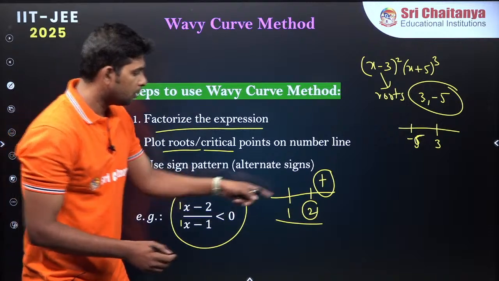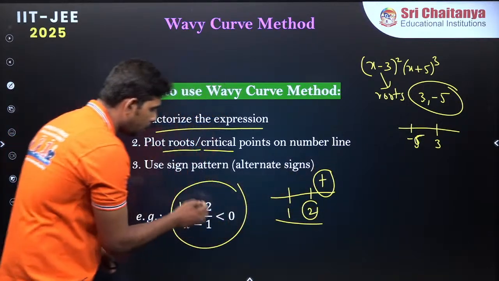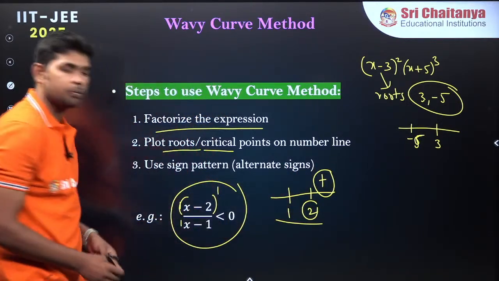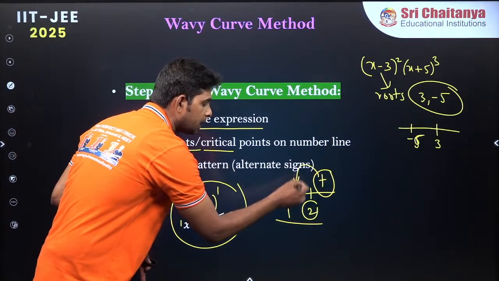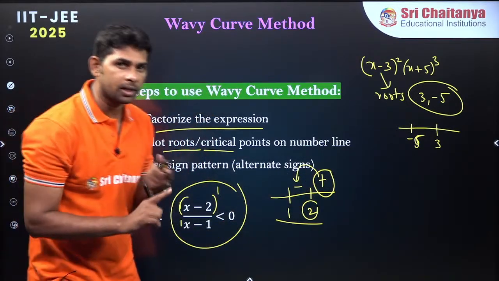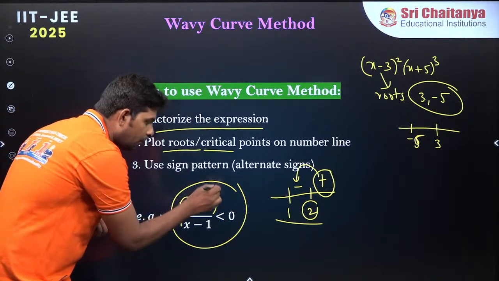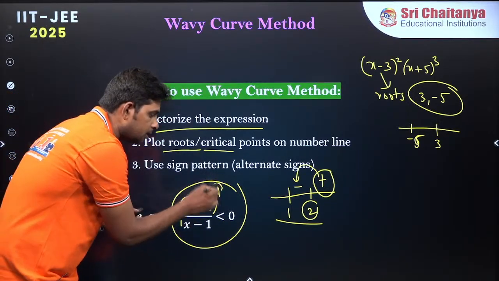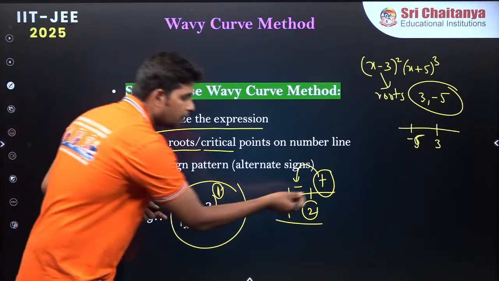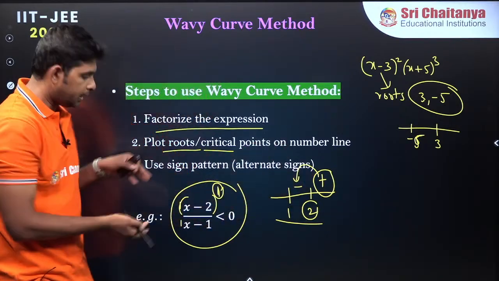Okay? So here plus. Then again, what is the power of x? Power 2? This is odd. If it is odd, then you change the sign, that is minus. I am telling you once again that whenever the power of the expression or this factor is odd, then you are going to change the sign of the entire expression.